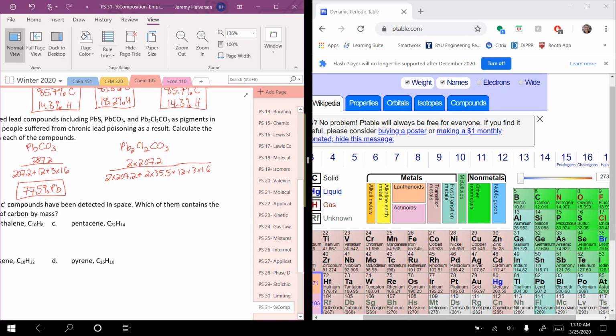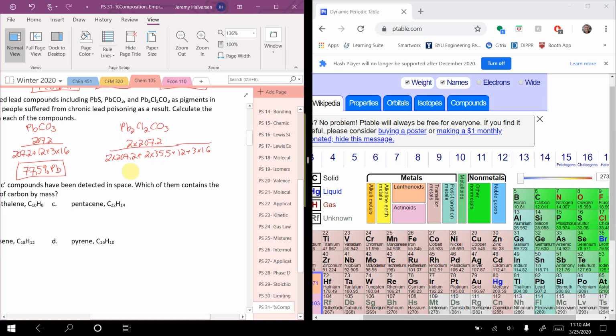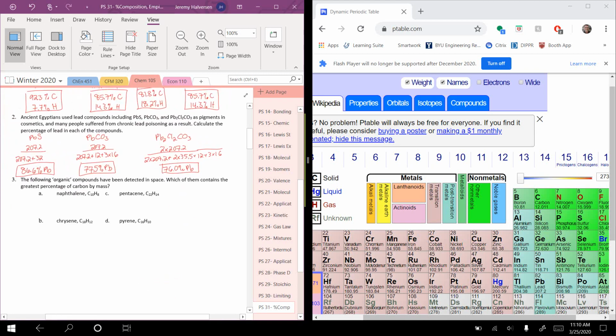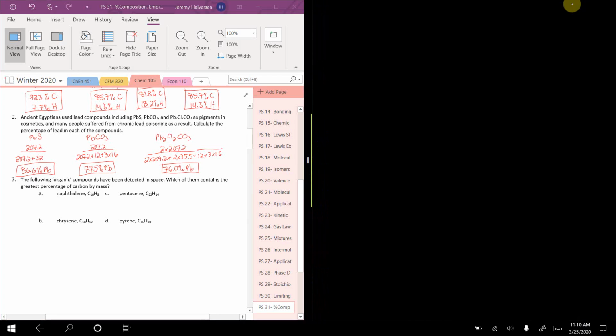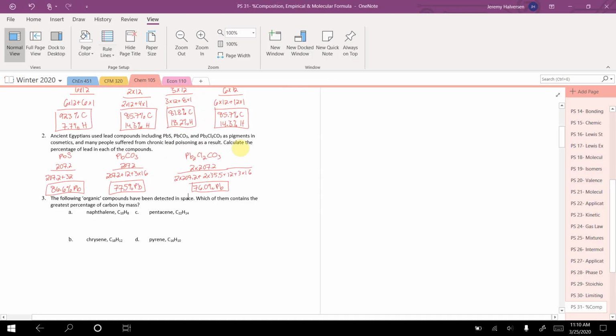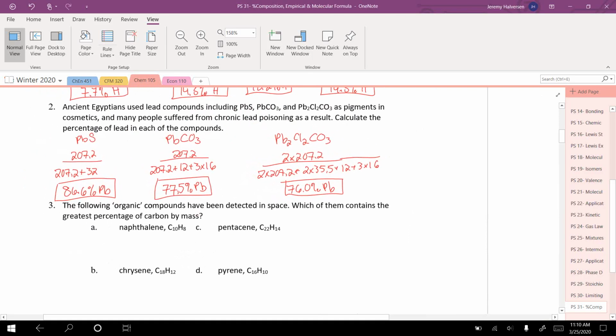When I do that math, I get 76.0% lead. There we go. So that was calculating the percent of lead in each of the compounds.